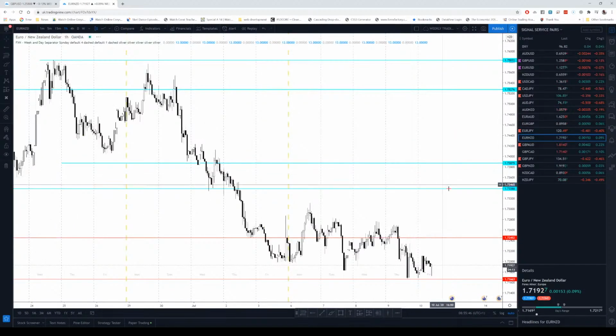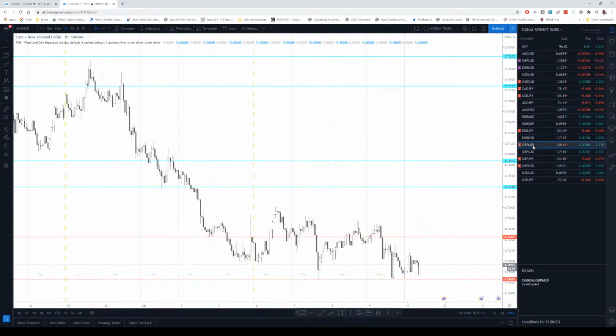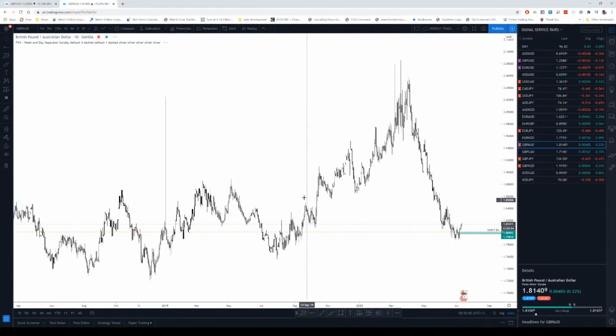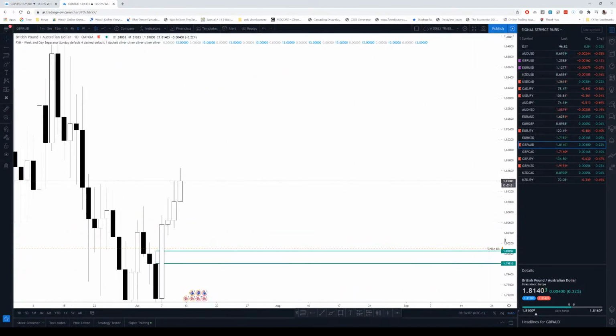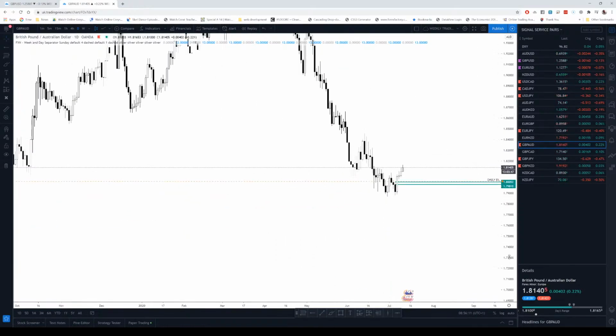Here in New Zealand, there's nothing to talk about, because it's just not doing anything apart from run this low, come back in, run engineered equal lows. That's what it's doing. On this pair, I think we are turning around, because we've been dropping forever.